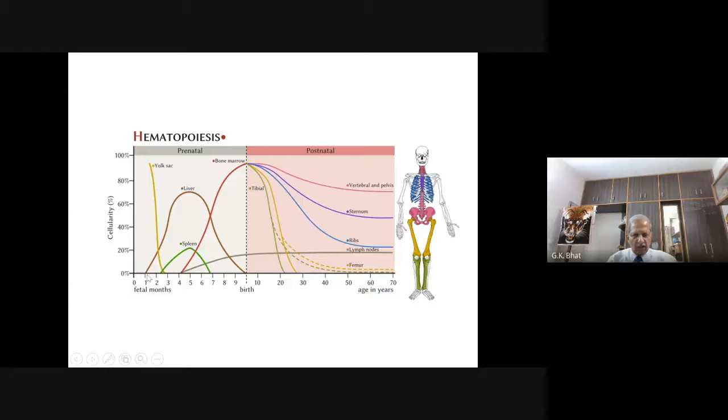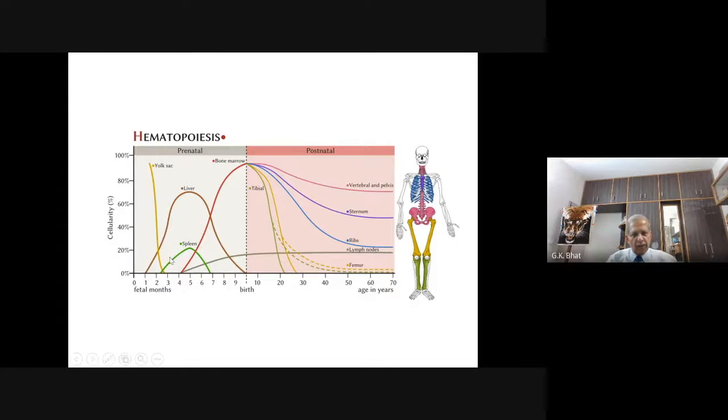It reaches the maximum somewhere during the 4th to 5th month, and gradually starts declining, and by the time the baby is born, the liver stops producing these blood cells.